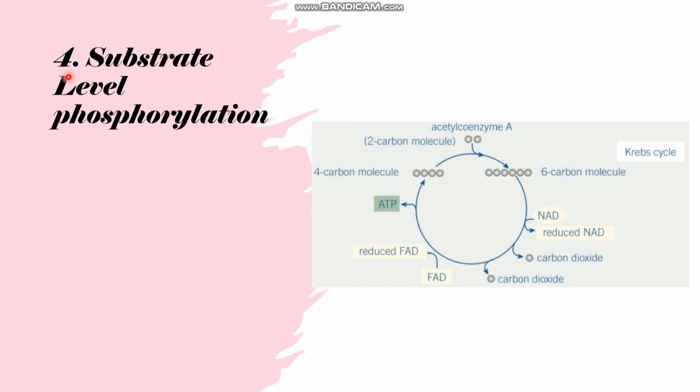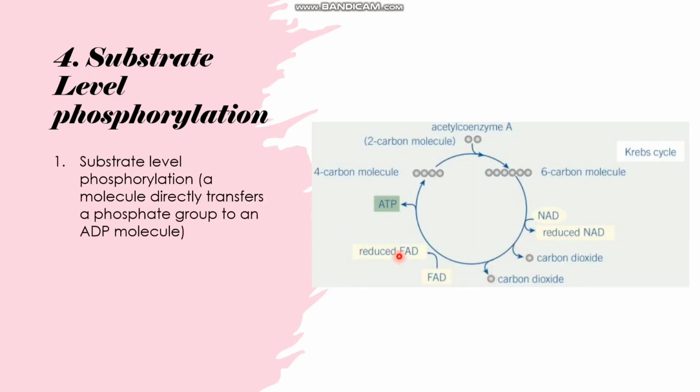And then the last stage of the Krebs cycle is substrate level phosphorylation. So far we've seen that our oxaloacetate and our acetyl coenzyme A have combined to form our citrate. Our citrate is oxidized, so it loses hydrogen to reduce NAD and FAD, and we have also lost 2 carbon dioxide. Now we're going on to substrate level phosphorylation, which is when a molecule directly transfers a phosphate group to an ADP molecule.